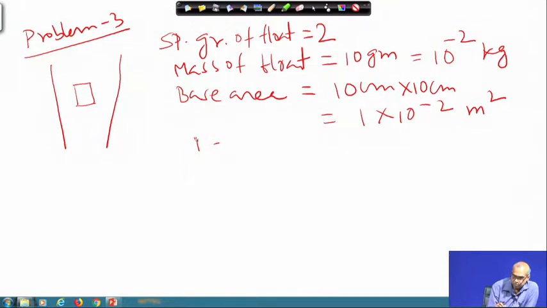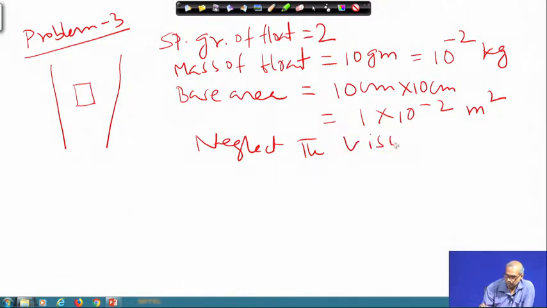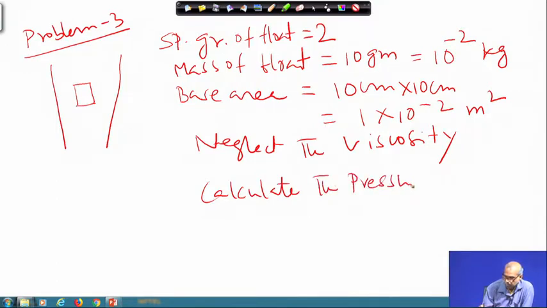Neglect the effect of viscosity. Calculate the pressure drop across the float.